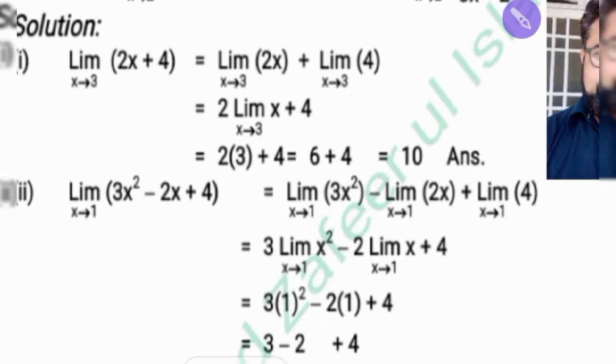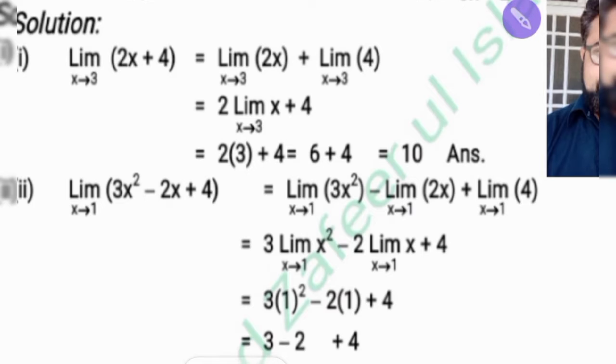Now as the coefficient of x square is 3, so we will write the coefficient outside the limit, and limit x approaches to 1, x square. As the coefficient of x is 2, so we will write 2 outside the limit, and limit x approaches to 1 will be written with x. As there is no x in the third term, so we cannot put the value of x. So 4 will be written the same.